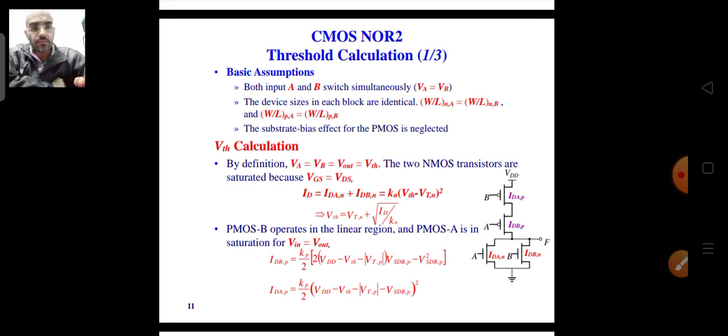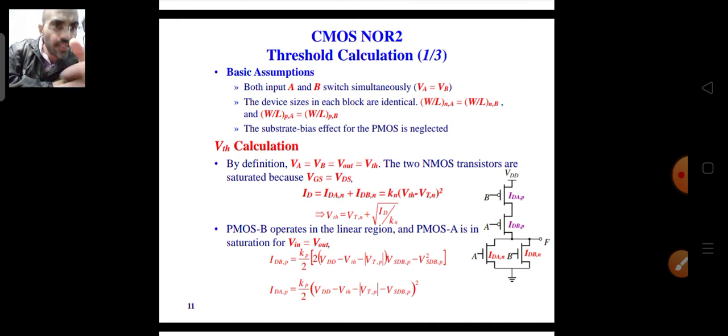Now we further assume that our devices are of equal dimensions. Both the NMOSs are of equal size, W by L, and the PMOSs are also of equal dimensions. So W by L of the A PMOS is equal to W by L of the B PMOS, and similarly for the NMOSs.